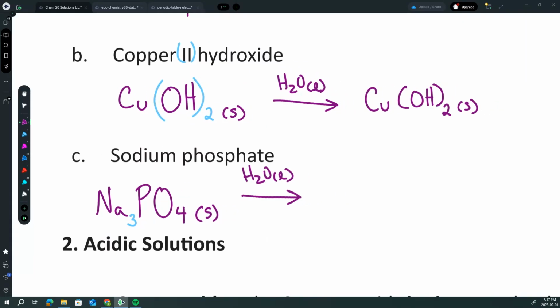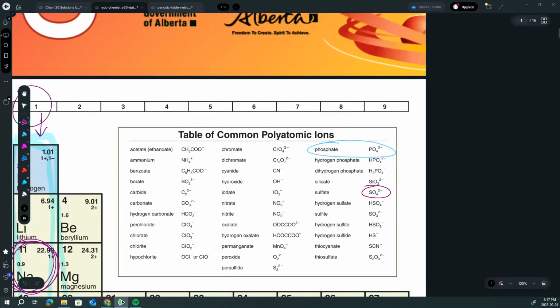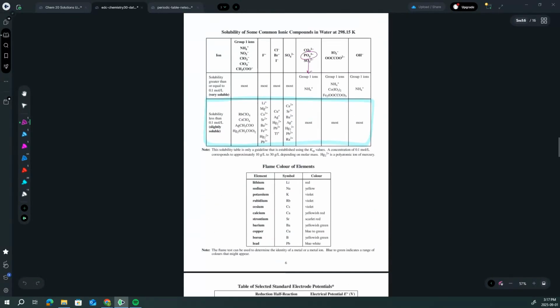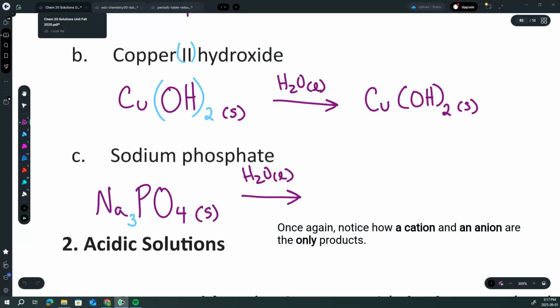And going back to our solubility table, since sodium is a group 1 ion, we find it in the second row here, so it is very soluble in water. So that means that this is going to dissociate.